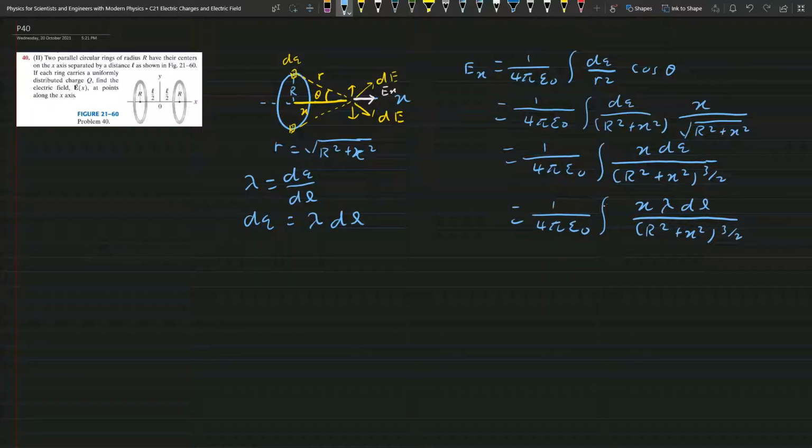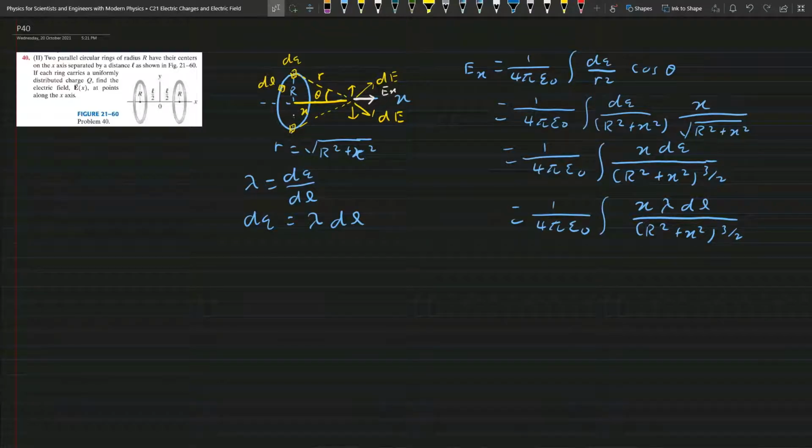Now what do I mean by the integration of this dl? Actually we want to sum up these very small segments. Let's say this is dl, and we want to sum up this dl until it forms a ring.